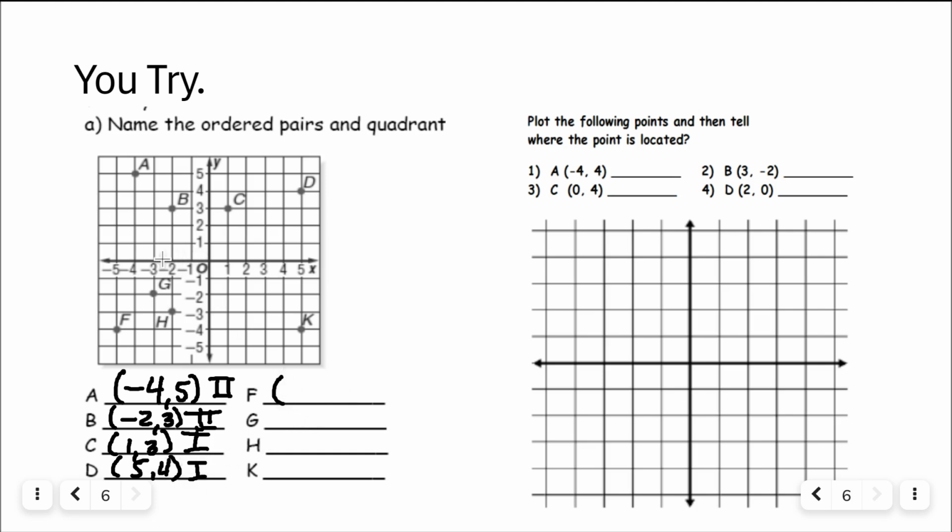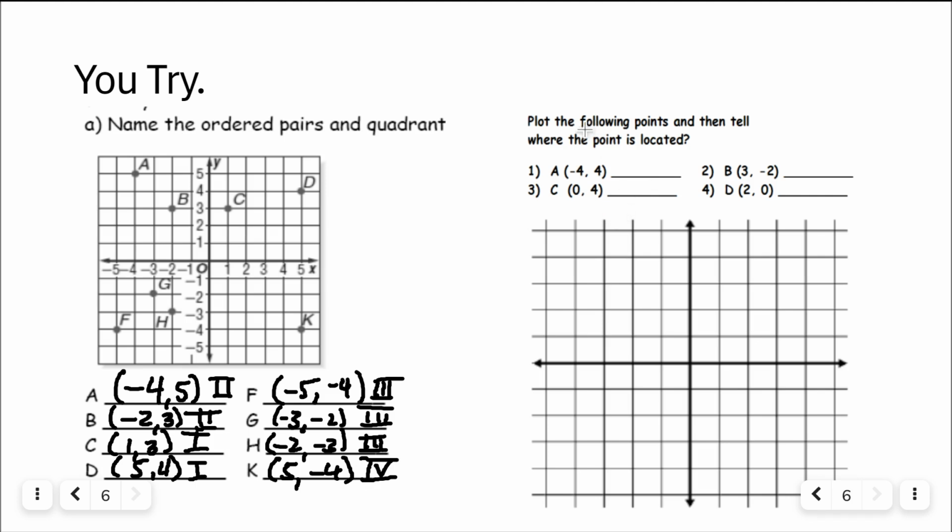Letter F is -5, -4 in quadrant 3. G is -3, -2, also in quadrant 3. H is -2, -3, also in quadrant 3. And then K is 5, -4 in quadrant 4. So there's my answers for part A here.